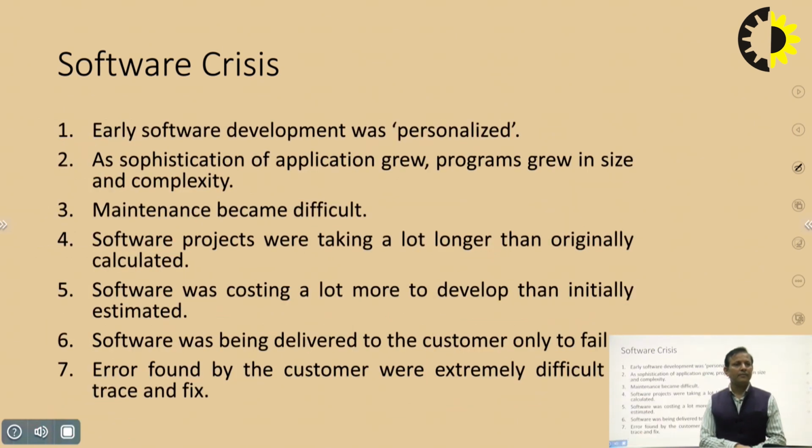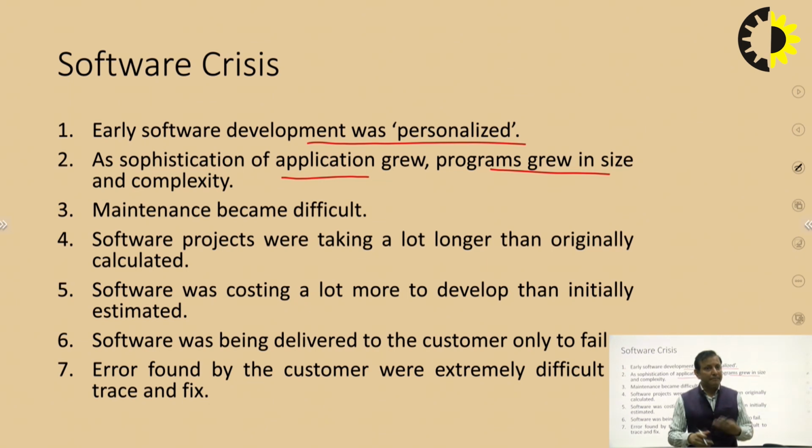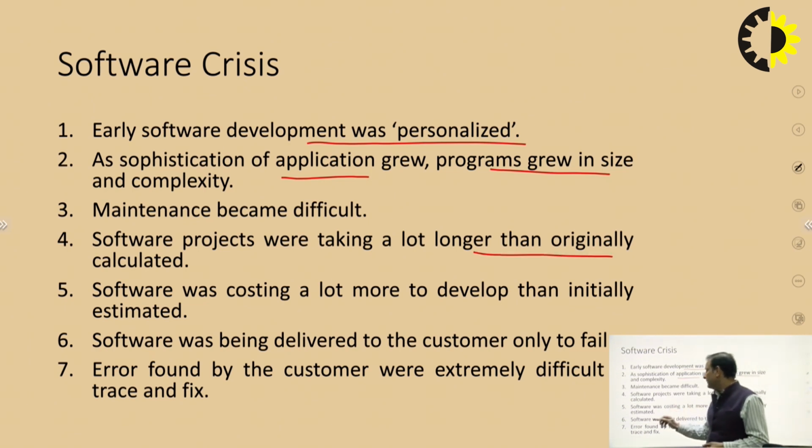Fine. So in the crisis, development was personalized. Early software development was personalized. Sophistication of applications grew. Programs grew in size and complexity. The maintenance of software became difficult. Projects were taking a lot of time, longer than calculated.